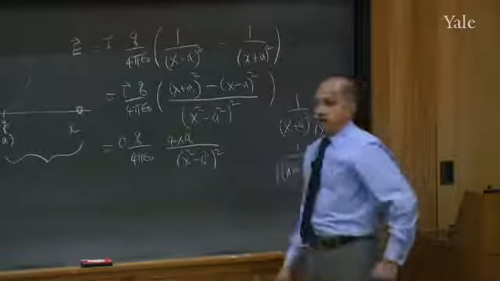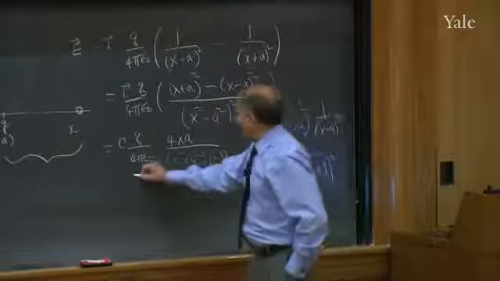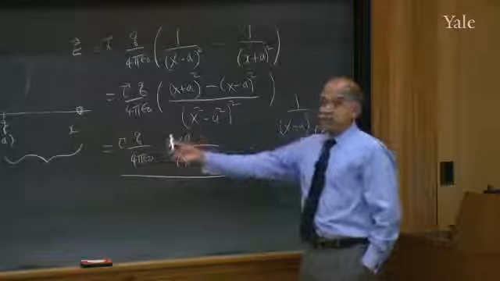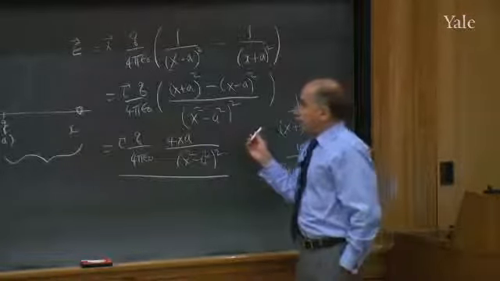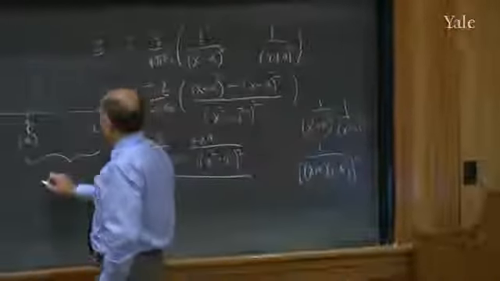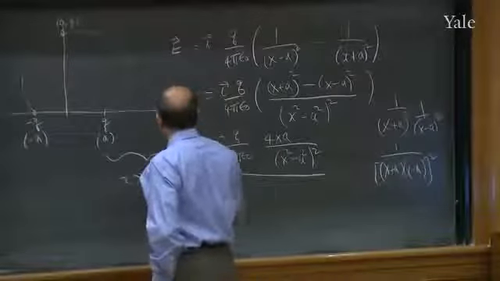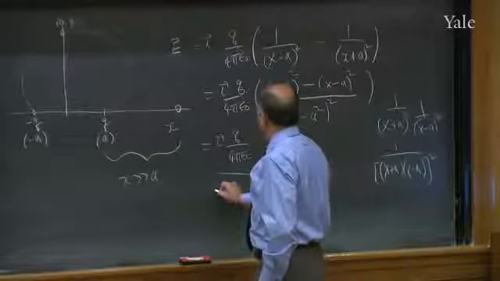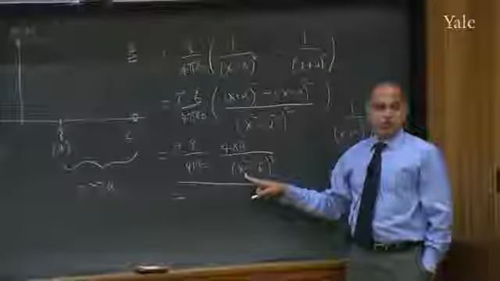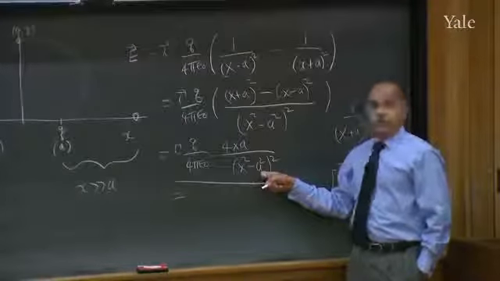But without these guys, I know it's x squared minus a squared because I got 2 of everything, I squared everything. So this answer is actually an exact formula for the electric field along the axis of the dipole. But normally what one is interested in is when x is much bigger than a. When it's much bigger than a, downstairs you got x squared, which could be 1 kilometer square, a squared, which may be 1 millimeter square.